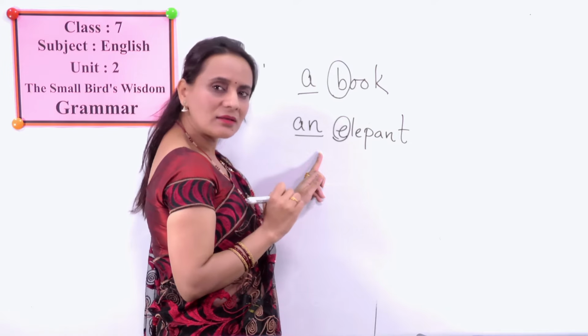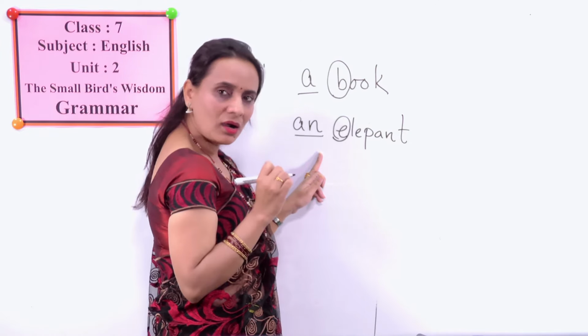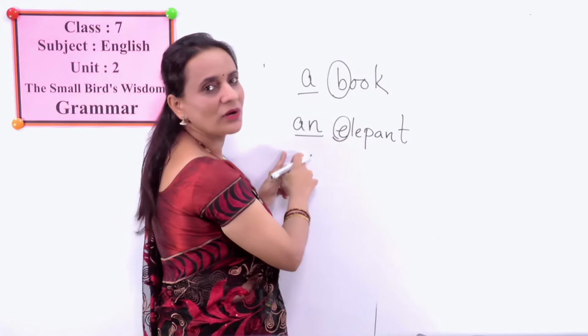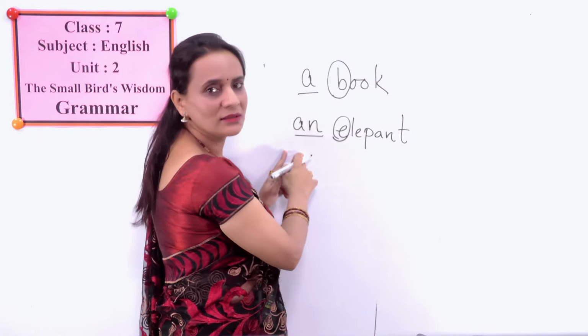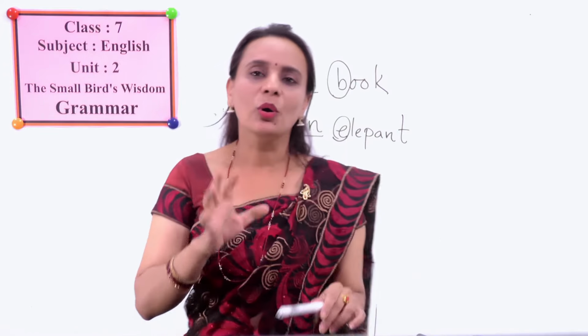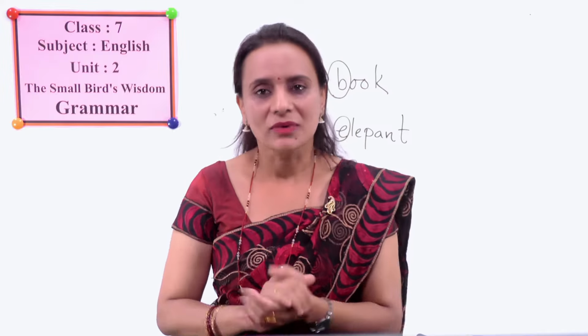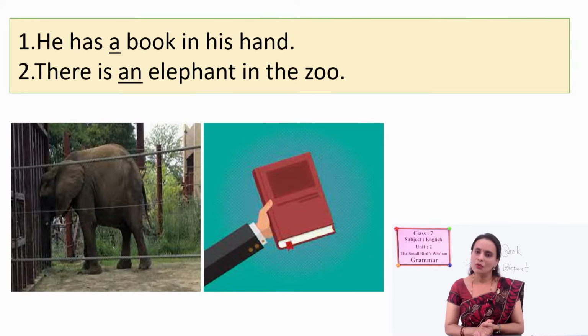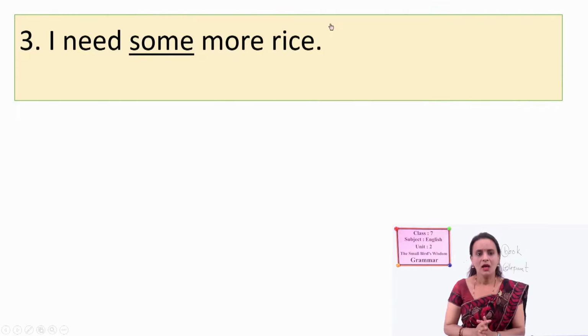And E is a vowel sound. And we use an in front of what? Vowel sound. Okay, understood? And both of them are countable nouns also. Isn't it? Book also we can count and elephant also we can count. Okay.